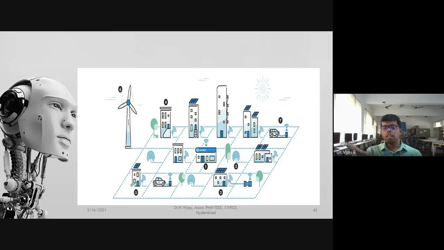You can see all your loads are communicating via Wi-Fi. Even buildings, electrical charging stations, generating stations, everything is connected. So fault clearance will be easy, and you can also reduce some generation.